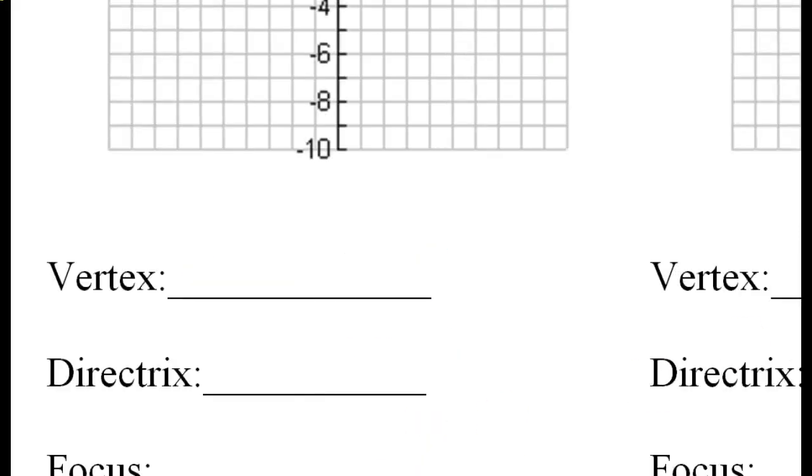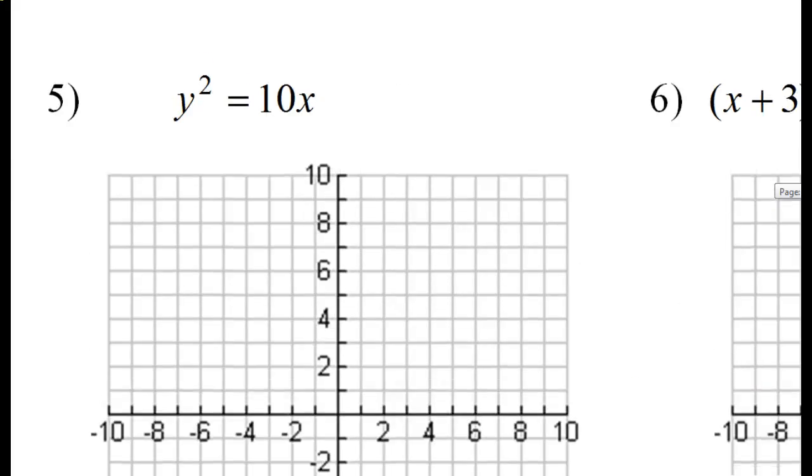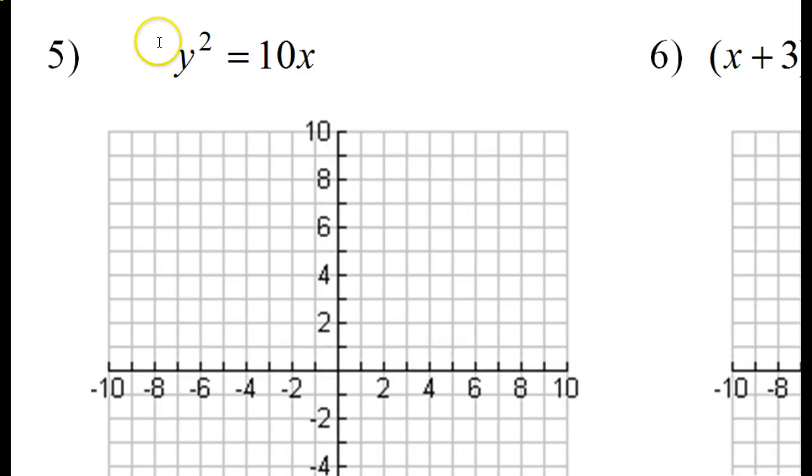All right, number 5. This one looks a little short, but we'll worry about that later. First of all, is this up, down, left, or right? Hopefully you see that this one is to the right. Okay, the y is squared. That's the opposite of what we're used to. So that means it's one of the ones that's sideways. And since it's positive, it will be to the right. Now we need that vertex.